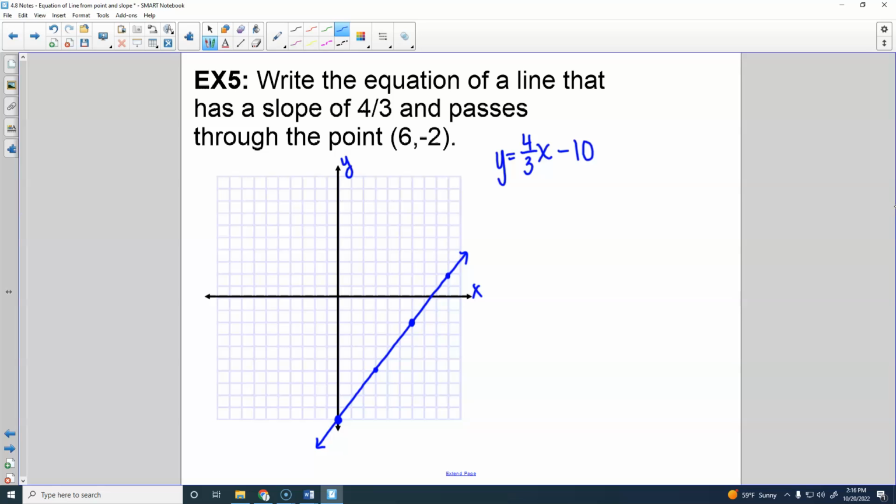So we won't test on this for a little while. But when we get to the test, and there'll be some of this stuff on the midterm, I don't care how you solve it. If you graph it, get the answer, that's fine. If you do it algebraically, get the answer, that's fine. But there will be some problems where the numbers will be too big to graph, so you'll need to be able to do it algebraically.